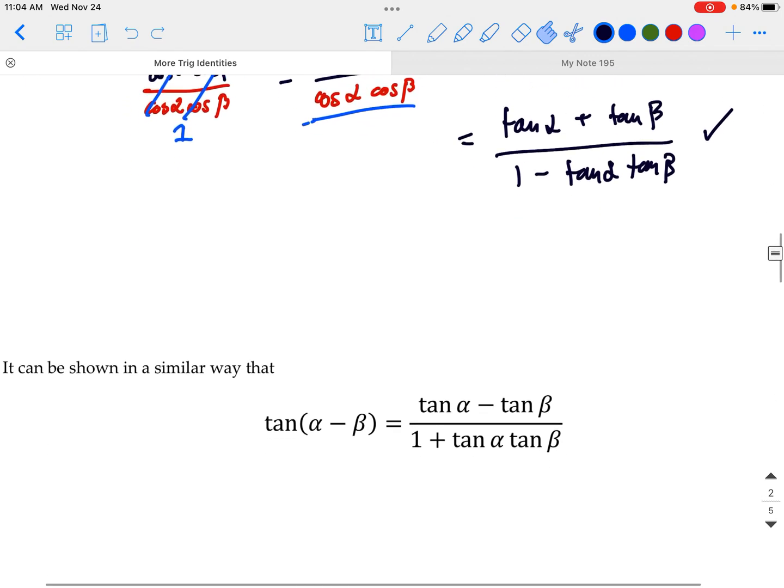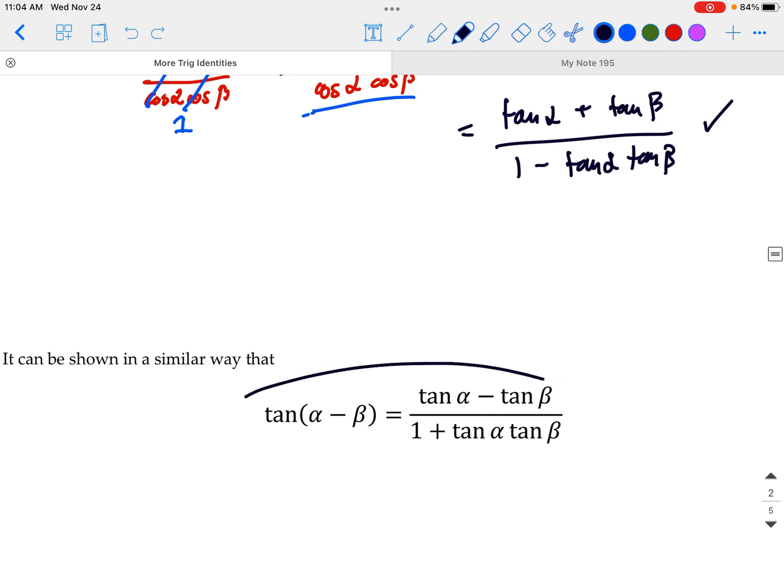So then it can be shown similarly that if we change it to minus beta, the only thing that changes are the signs of the numerator and denominator terms that we're adding or subtracting. So it becomes a difference in the numerator and a sum in the denominator. So this one would be essentially the same proof, but it might be one to do on your own, just to convince yourself as well.